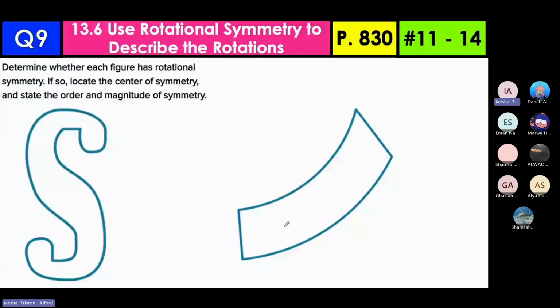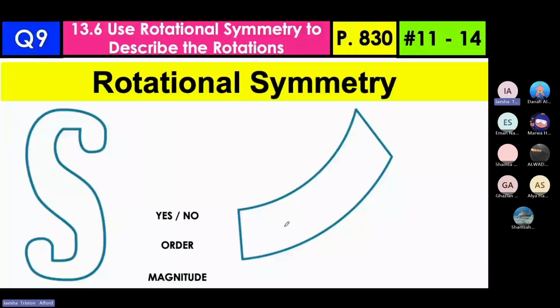This number 13. We're talking about rotational symmetry. So does number 13 have rotational symmetry? Yes. What's the order? 2.